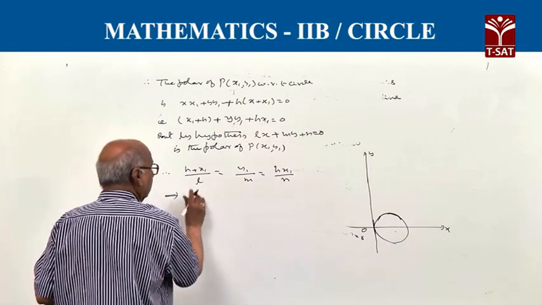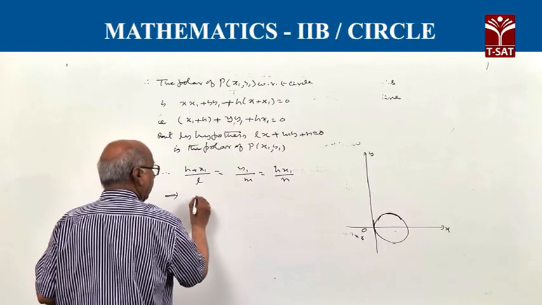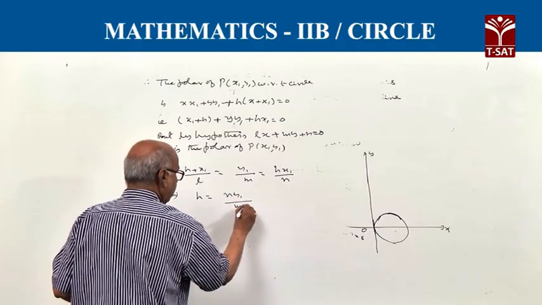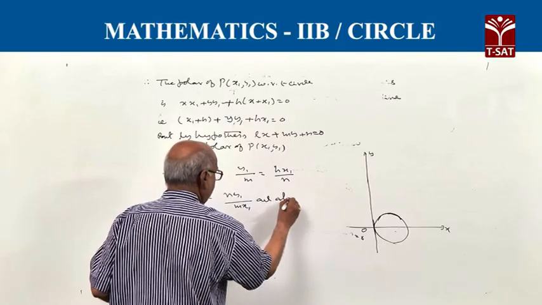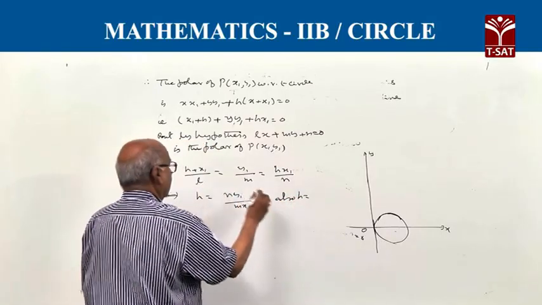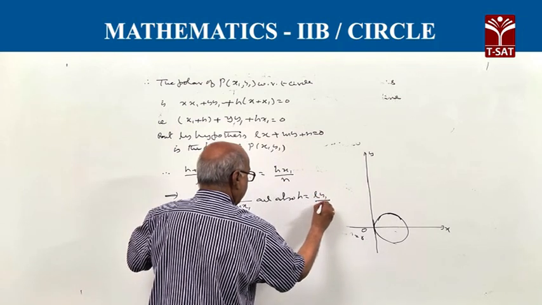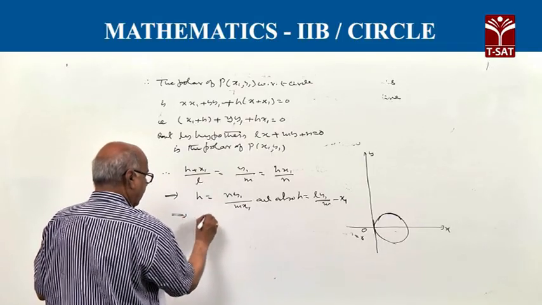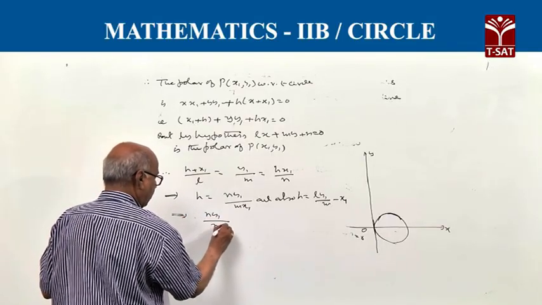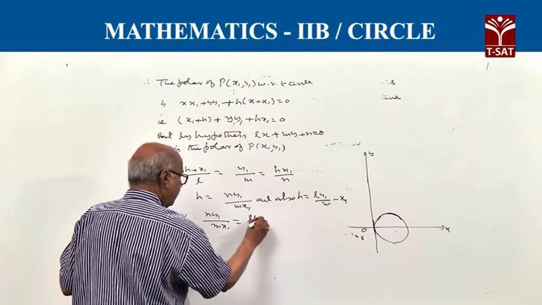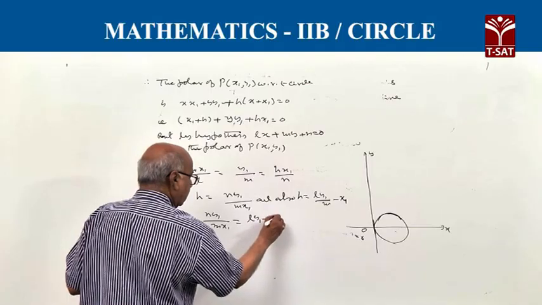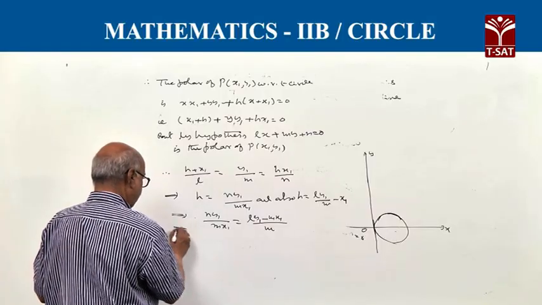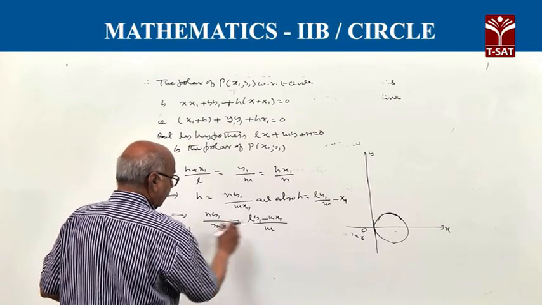So from this what you get is h is equal to ny1 by mx1, and also h is equal to (Ly1 by m) minus x1. So this implies ny1 by mx1 is equal to (Ly1 minus mx1) by m. So m and m will cancel.